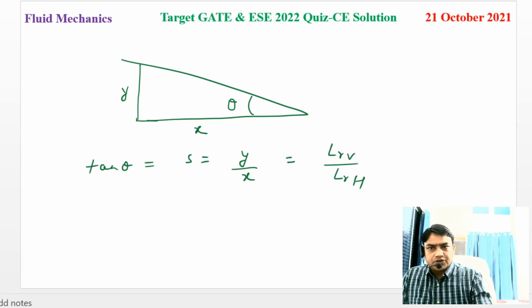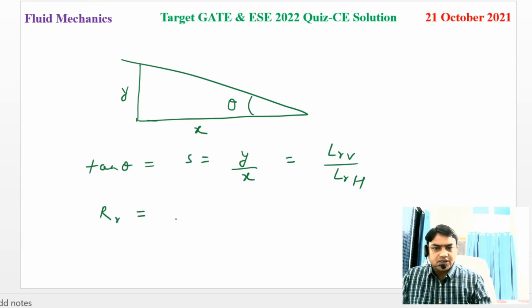Similarly, for the computation of hydraulic radius, the cross section is used. So hydraulic radius ratio RR can be written as LRV.